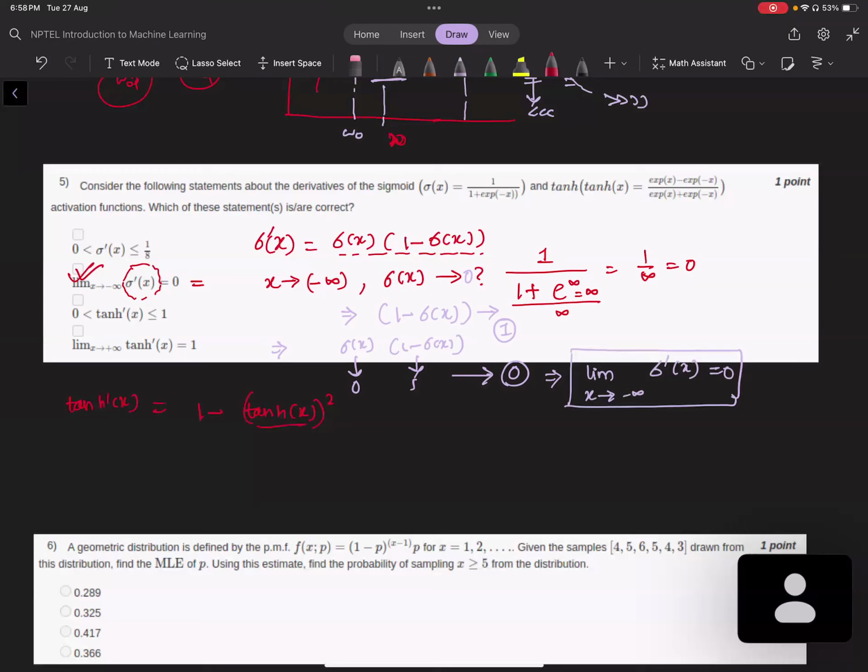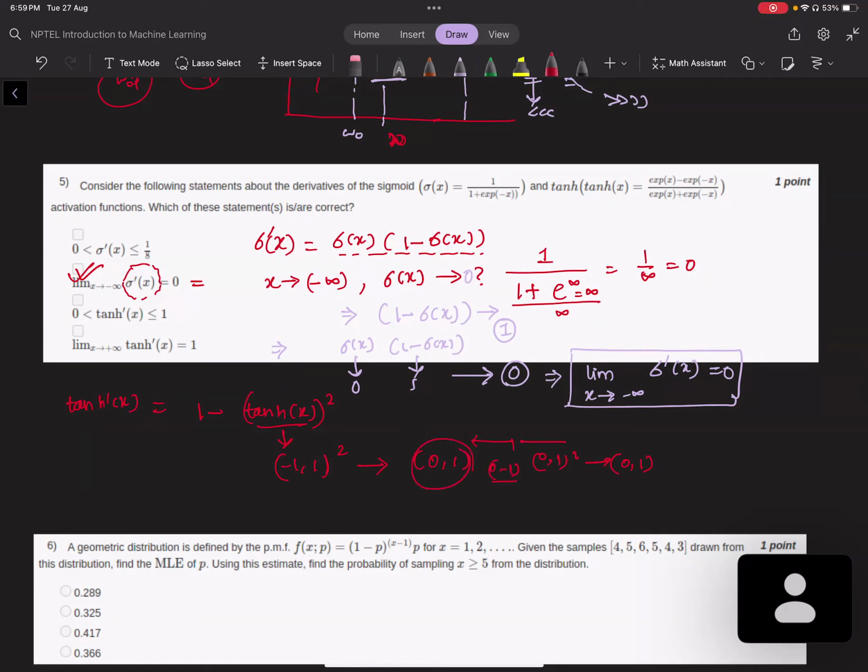As you know, tanh varies between -1 to 1. If tanh varies between -1 to 1, its square will vary between 0 to 1. Why? All the numbers from 0 to 1 will have square between 0 to 1. All the numbers from negative 1 to 0 will also have square between 0 to 1. Hence, in total, it will be between 0 to 1.